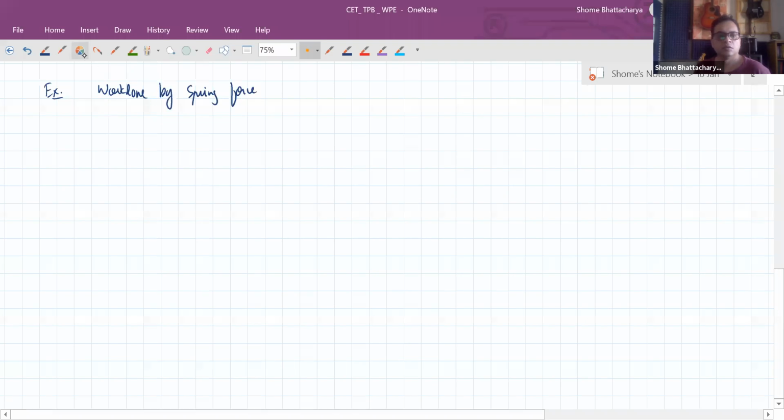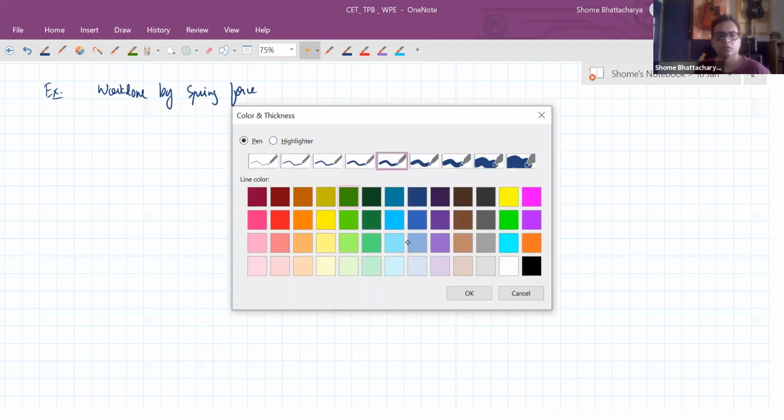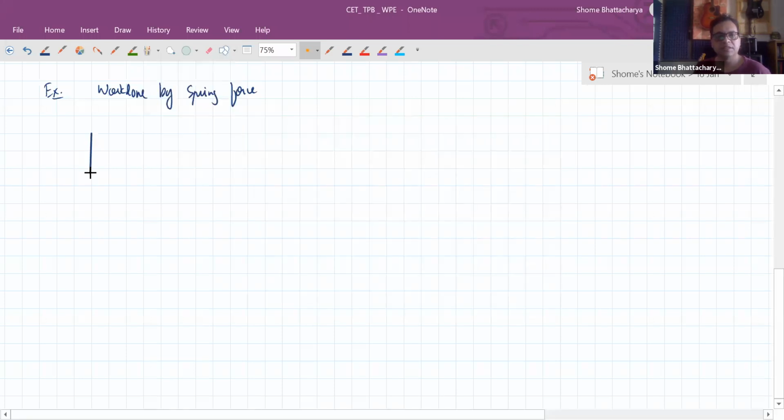Let's say a spring is attached to a wall on one side and a block on the other side. Let's say we have a frictionless, smooth surface. So this is a spring of spring constant K.